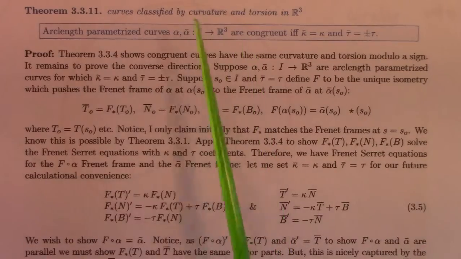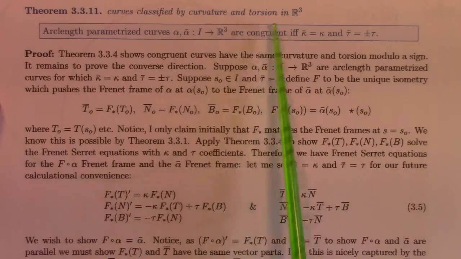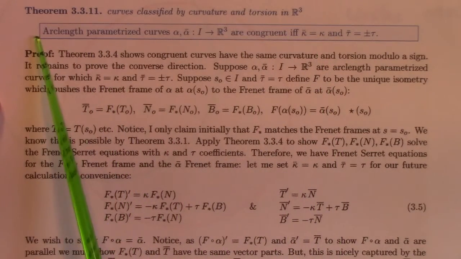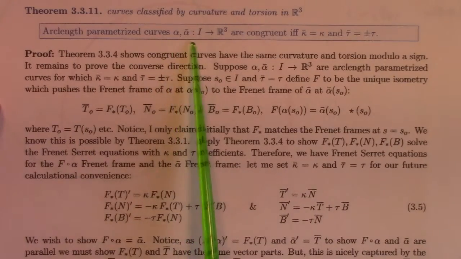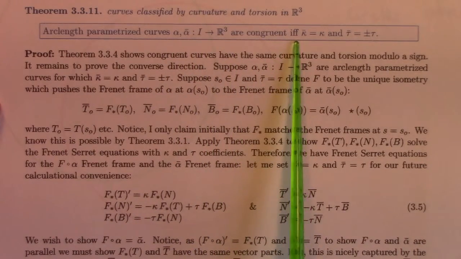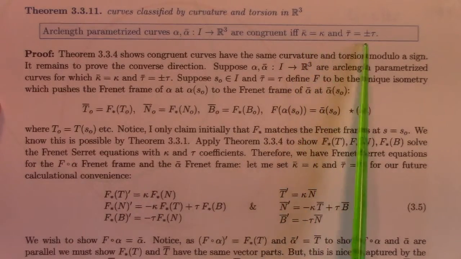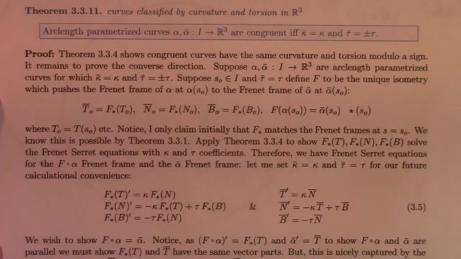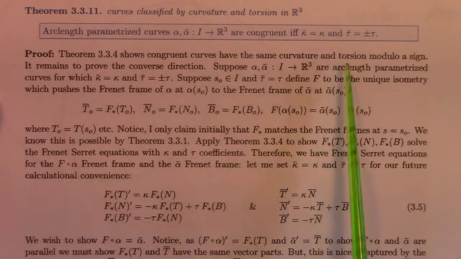So here's the theorem. Theorem 3.3.11. Curves are classified by curvature and torsion in R3. Arc-length parametrized curves alpha and alpha bar, going from I to R3, are congruent if and only if the curvature and the torsion agree, well, plus or minus the torsion. One direction of this theorem we've already proved.